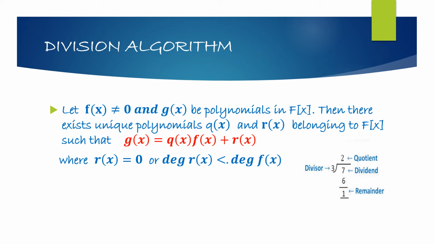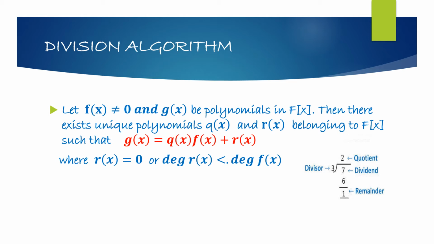Then there exist unique polynomials q(x) and r(x) belonging to F[x] such that g(x) = q(x) f(x) + r(x). Is that clear? This is highlighted in red so that you can easily remember.